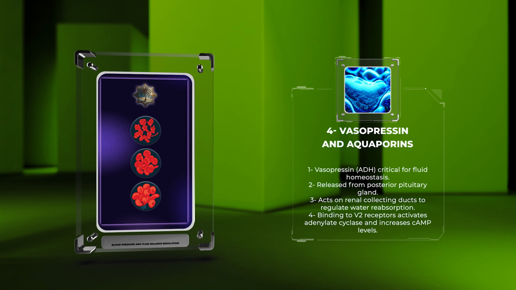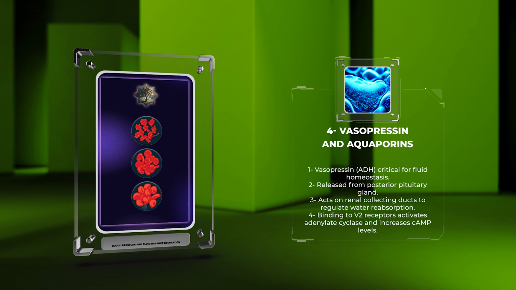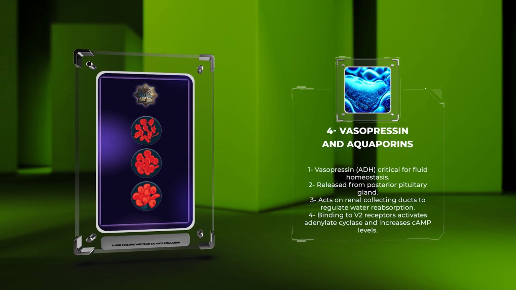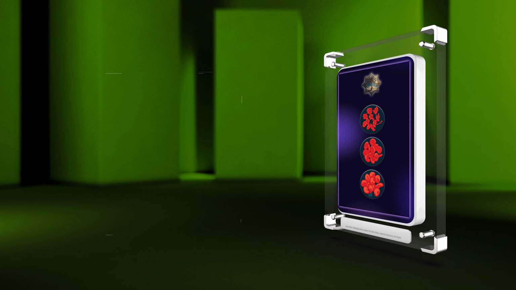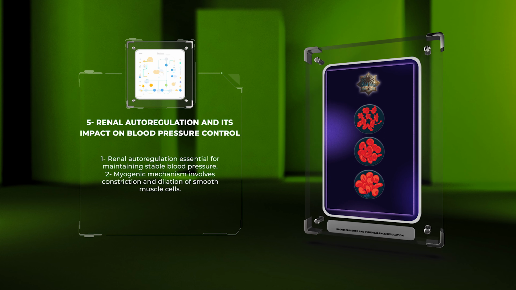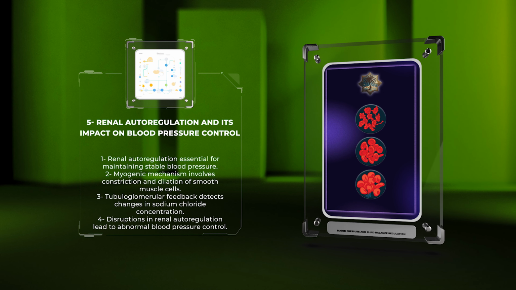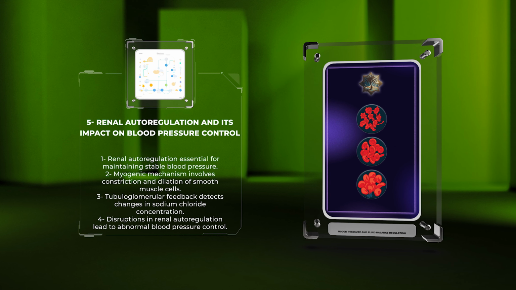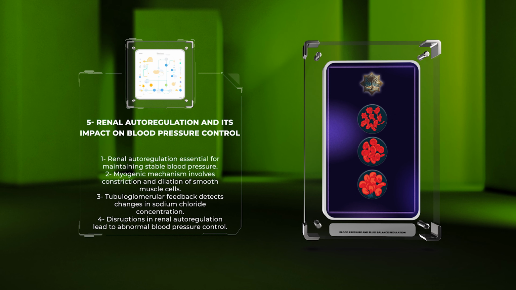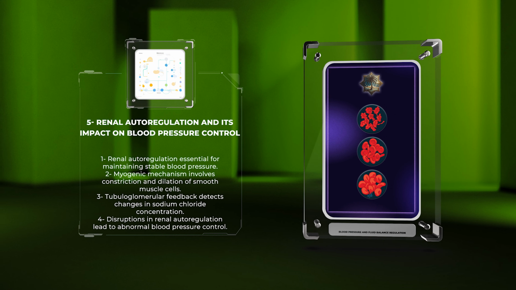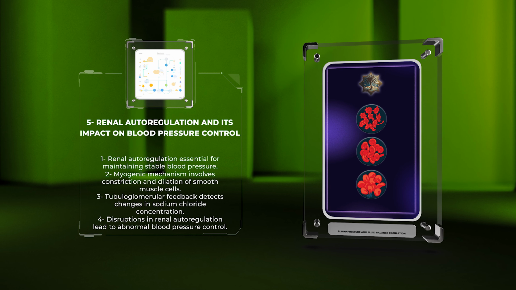The dysregulation of vasopressin release or disturbances in aquaporin expression and function can lead to disorders such as diabetes insipidus or hyponatremia, respectively. Renal autoregulation is crucial for maintaining stable blood pressure by adjusting renal blood flow and glomerular filtration rate despite changes in systemic blood pressure. The myogenic mechanism involves the constriction and dilation of smooth muscle cells within the kidneys to maintain a stable filtration rate.